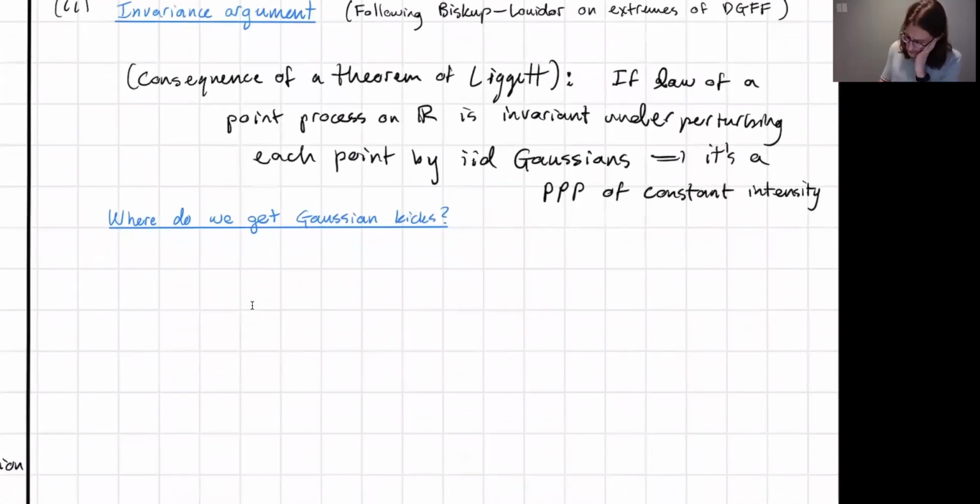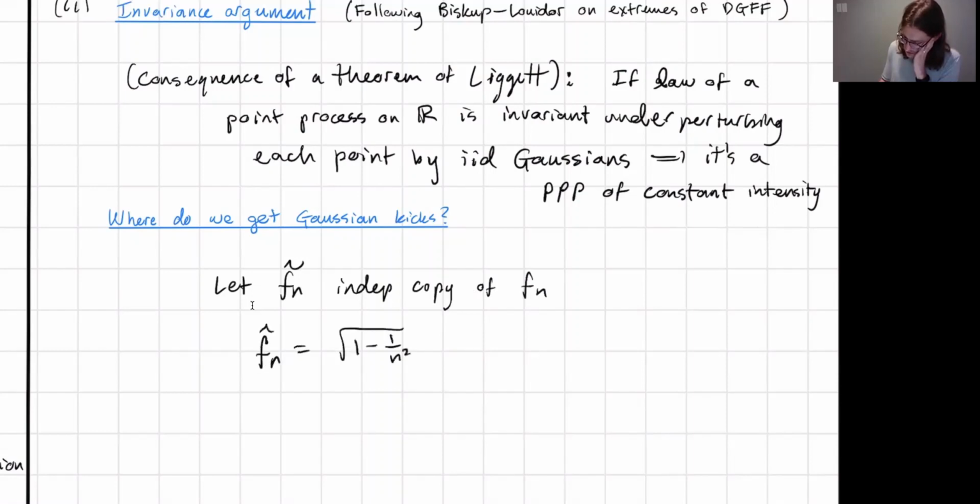Here we use the Gaussianity of the field. This is a common Gaussian trick: let Fn tilde be an independent copy of Fn, and put Fn hat, which is just this little rotation.